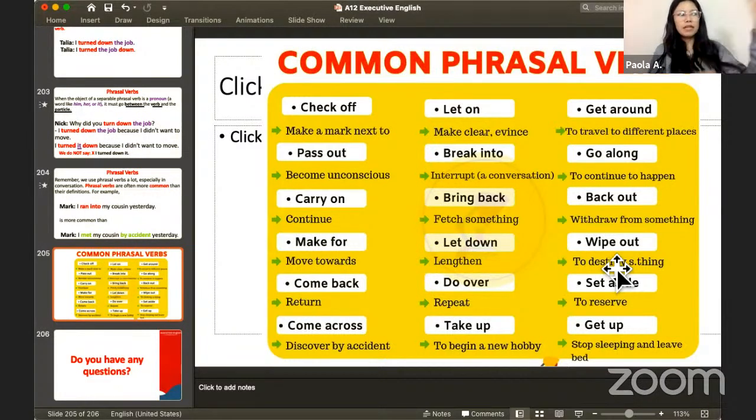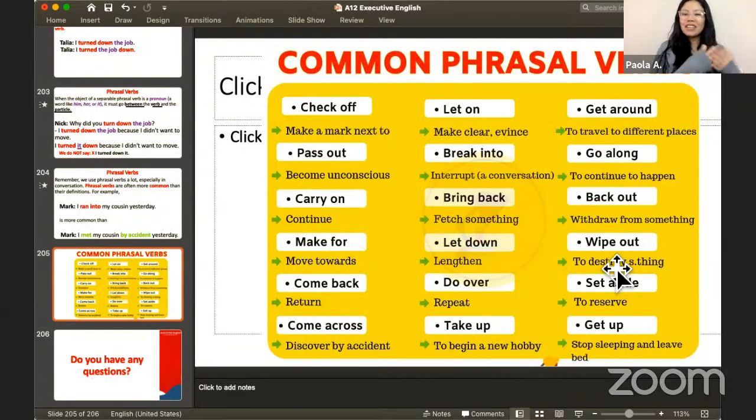If you are maybe in a dangerous situation, maybe you can take some steps back. That's back out. But it means like to separate yourself from a situation, which could be good or bad. Back, it means to get back.